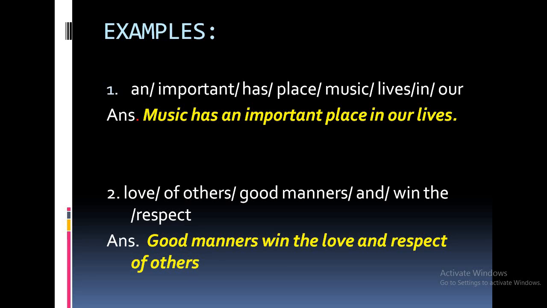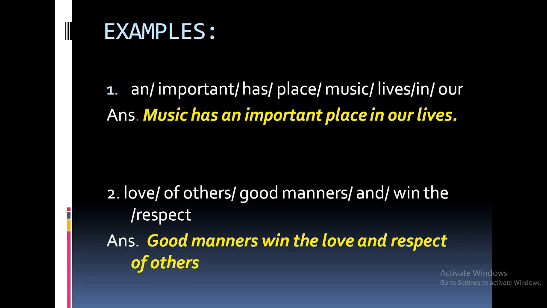And if I read the sentence again, love of others, good manners, and win the respect. Okay. So what can win us respect? Love or good manners? Good manners. So we can keep good manners as our subject, as we can try at least. So good manners, subject.